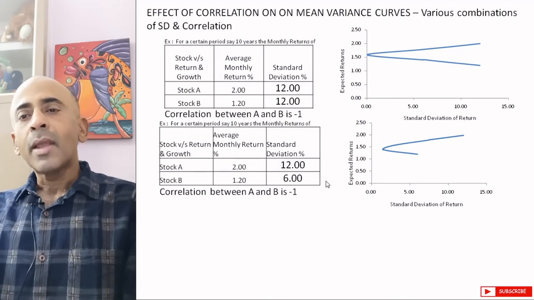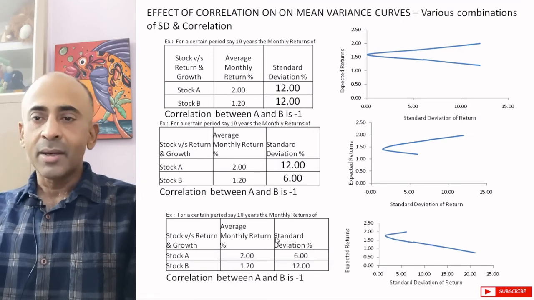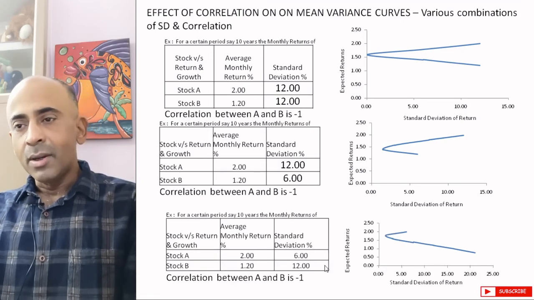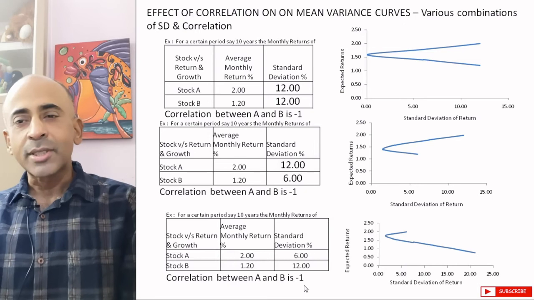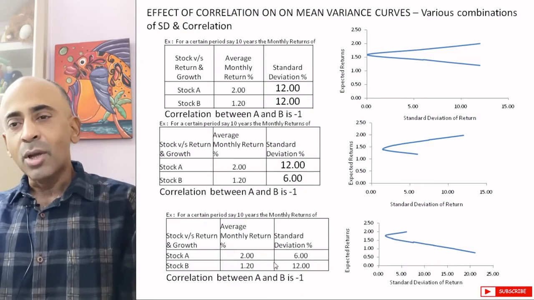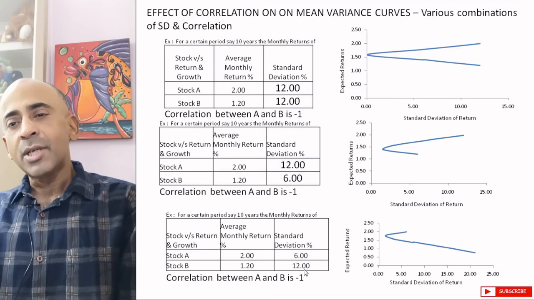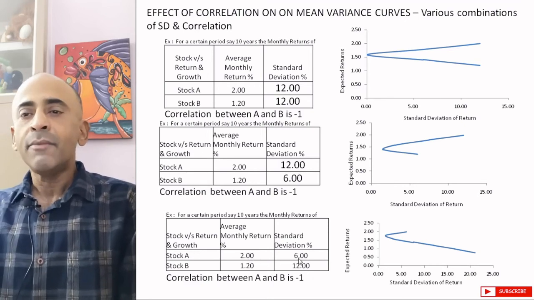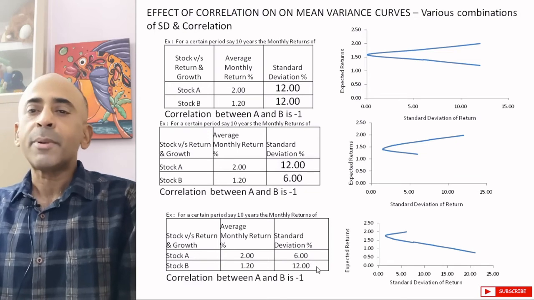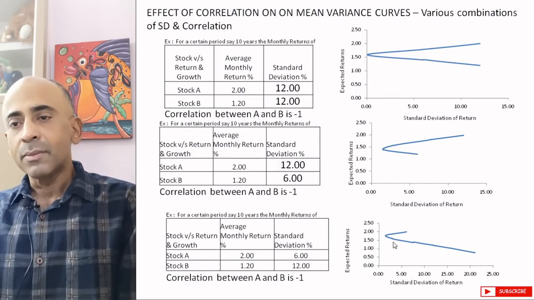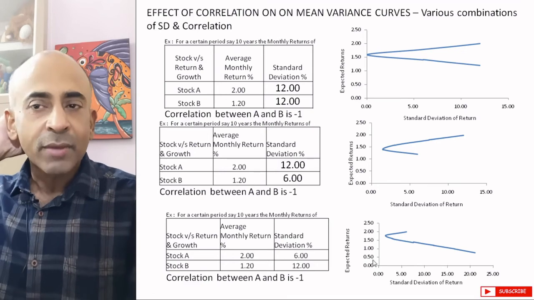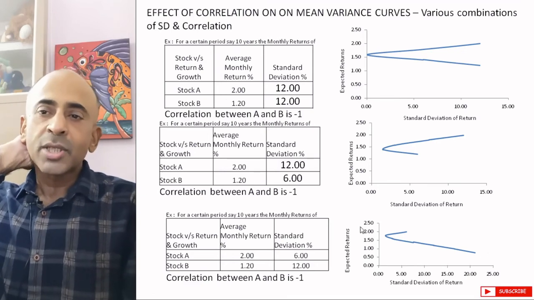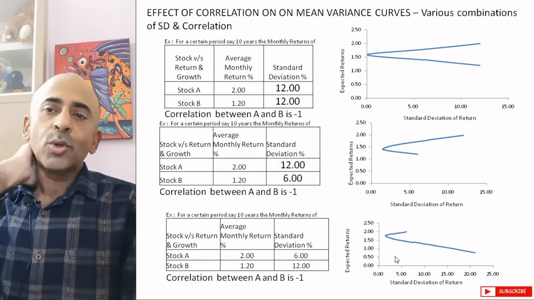And the third condition is one somebody would not like to enter into, because for a stock giving a return of 1.2% and having a standard deviation of 12%, whereas the other stock is giving you 2%, that is a high return with a lower standard deviation, why would anyone prefer going with stock B? I've just taken it for the sake of giving an example, but this is a situation that anybody would like to avoid.